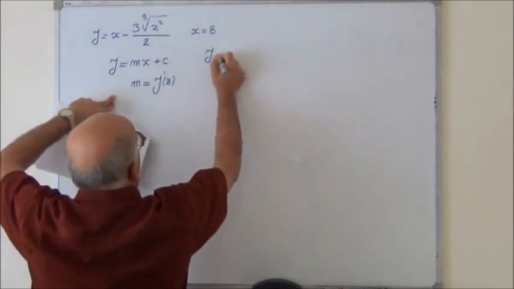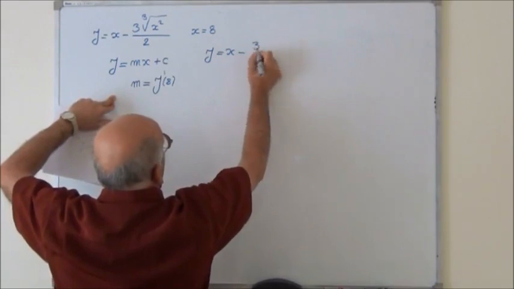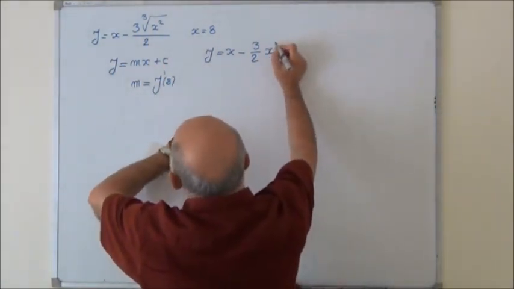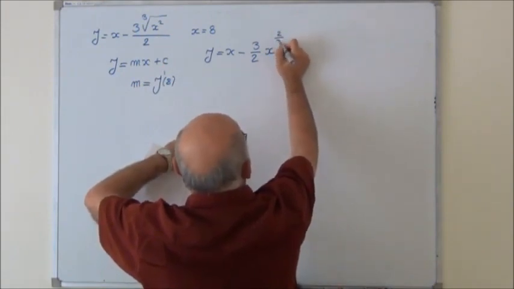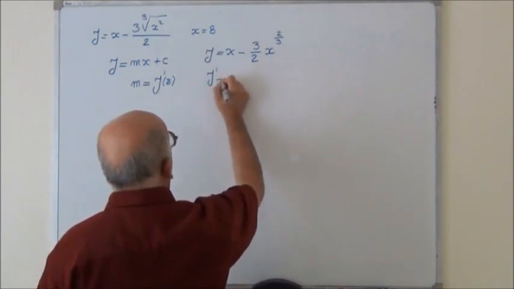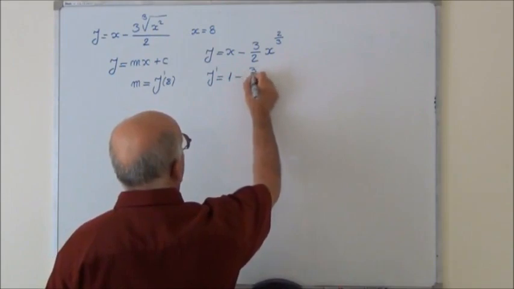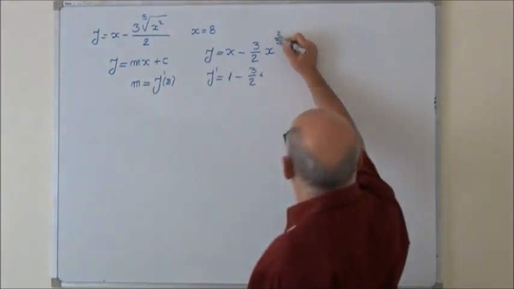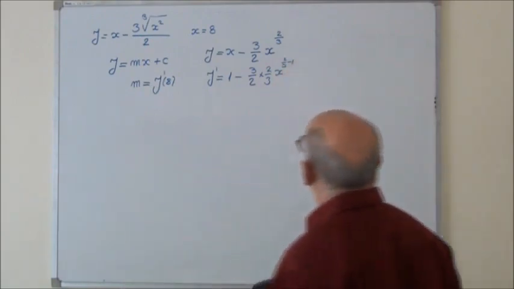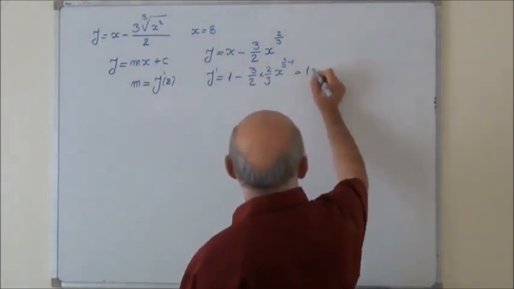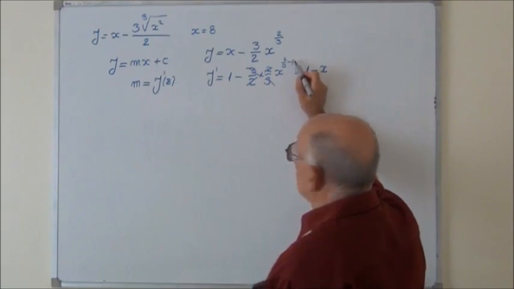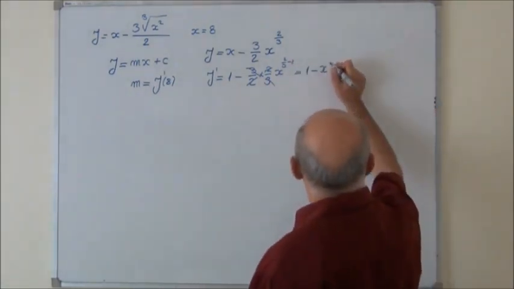So we have y equal x minus 3 on 2, and the cube root of x squared is x to the power 2 on 3, and we can find the derivative: y dash equal derivative of x is 1, minus 3 on 2 multiplied by 2 on 3, x to the power 2 on 3 minus 1, and anyway this we can cancel, x to the power 2 on 3 minus 3 on 3 is minus 1 on 3.